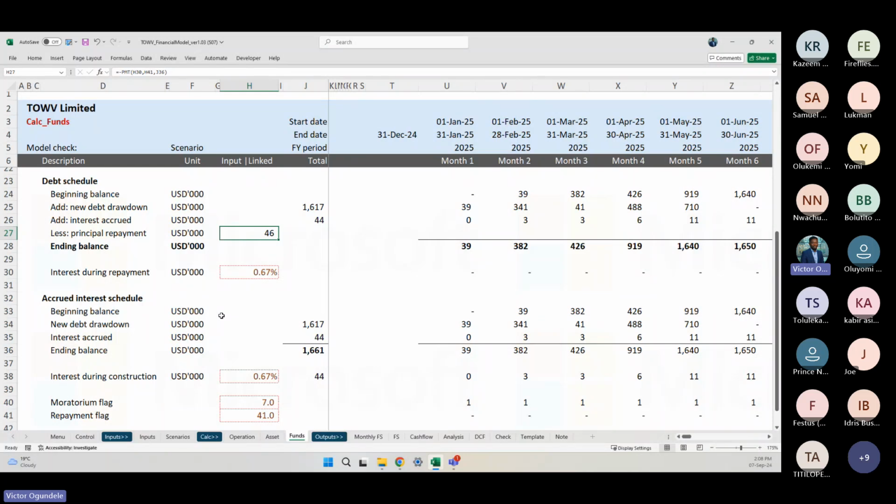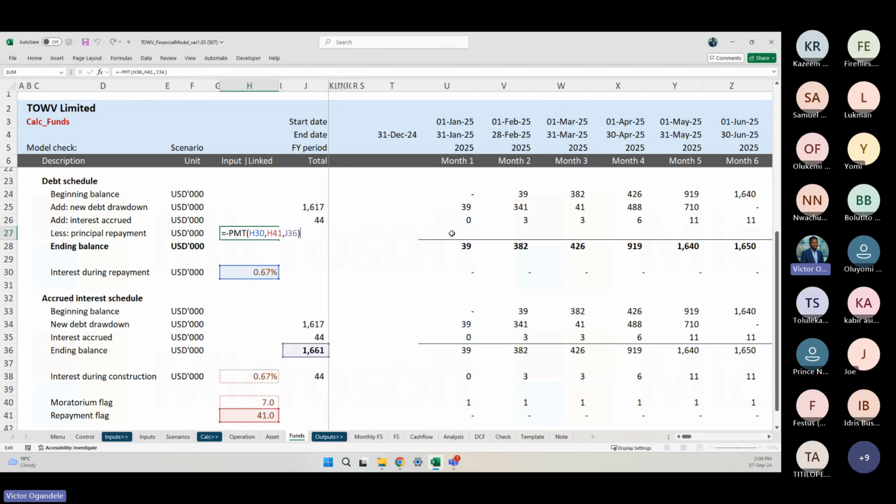And this is inclusive of both our principal repayments and our interest element. I think we use PPMT for only the principal, but I always prefer PMT.